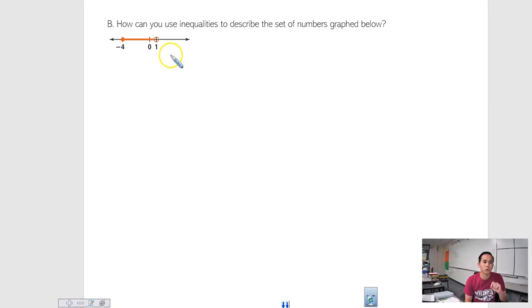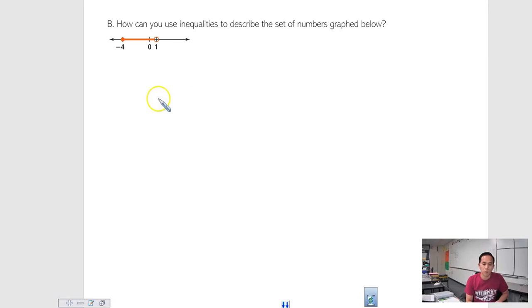The solutions shown in the graph are greater than or equal to -4. They are also less than 1. So what we are going to do is write the inequalities to represent these two.